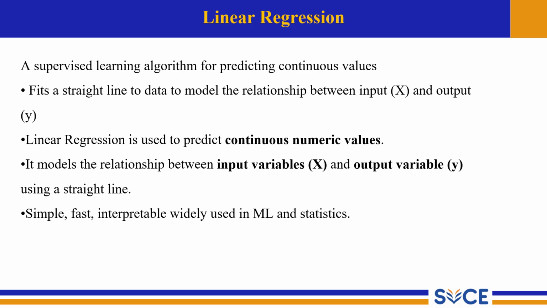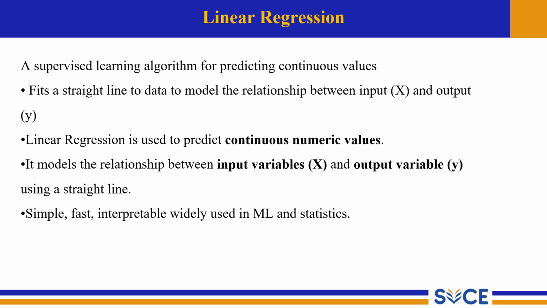This makes it extremely useful not only in machine learning but also in traditional statistics, economics, marketing, healthcare, and many scientific fields. Another reason linear regression is widely used is that it is simple and computationally efficient. It trains very quickly, even on large datasets, and it does not require complex tuning.